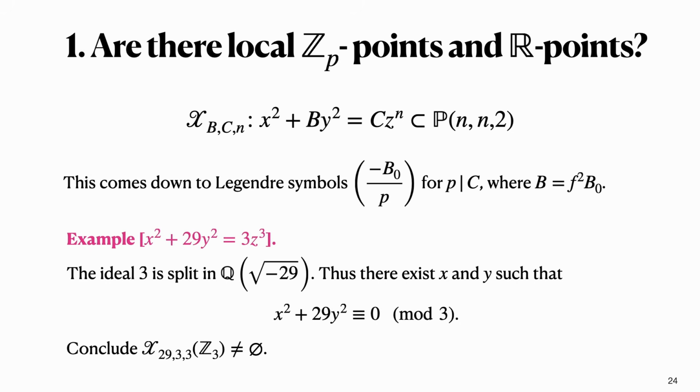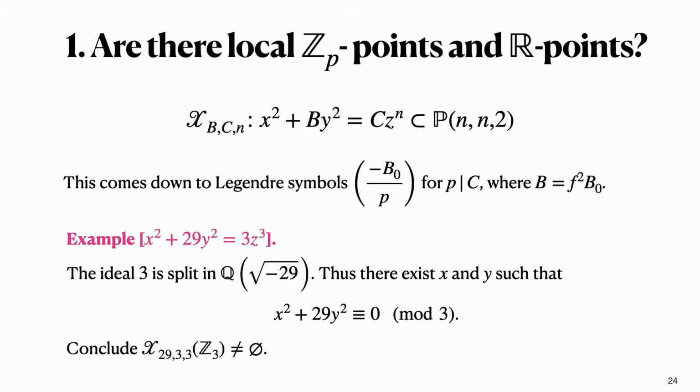So if you, for example, take the Stacky curve corresponding to the polynomial x squared plus 29y squared equals 3z cubed, then the idea is you want to take x squared plus 29y squared and realize that that's the norm of an ideal in Q of the square root of minus 29.